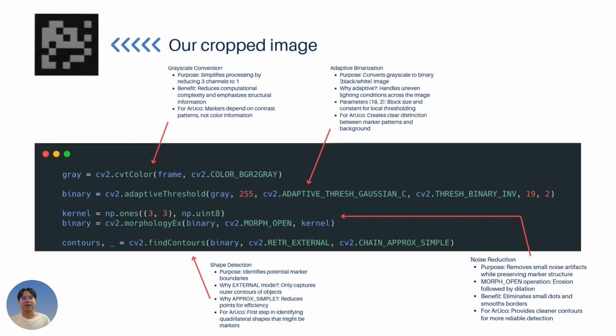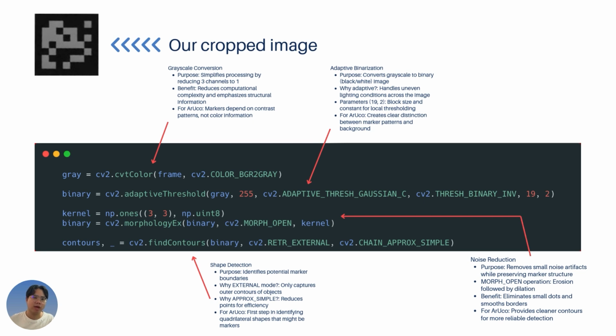Next, we create the 3 by 3 kernel, which is applied to morphology. Morphology is a noise reduction function. Our purpose is to remove small noise artifacts while preserving marker structure, and we use the morph open operation, which is erosion followed by dilation.